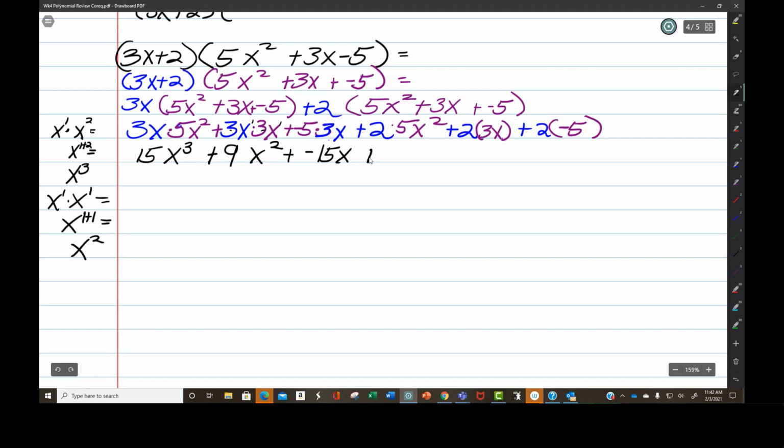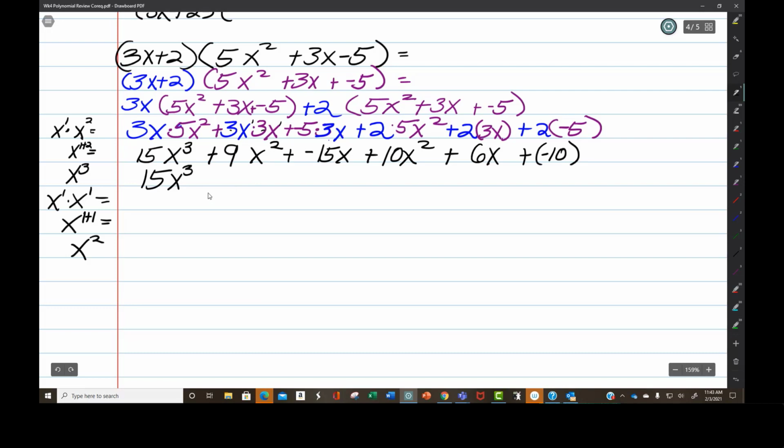Okay, and plus 10x squared plus 6x plus negative 10. And so finally, 15x to the 3rd.